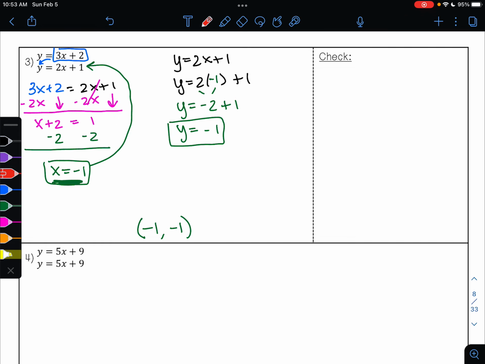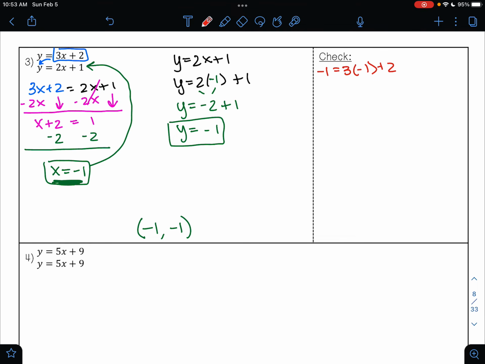Let me check my work. If I plug into that first equation, I'm going to have negative 1 equals 3 times negative 1 plus 2. Negative 1 equals negative 3 plus 2. Negative 3 plus 2 is negative 1. Does negative 1 equal negative 1? Yes.